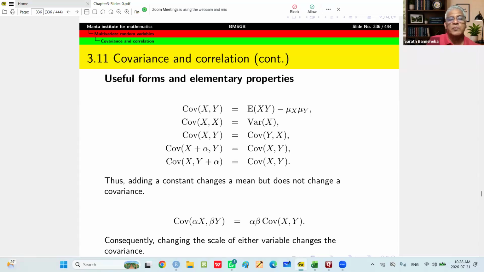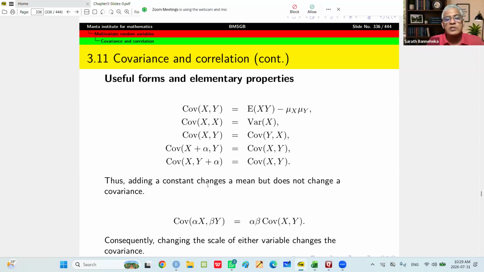Covariance between X plus some constant and Y is the same as covariance between X and Y. So adding a constant to one variable doesn't change the covariance between X and Y. Similarly, covariance of X and Y plus alpha is the same as covariance between X and Y. In general, covariance between X plus alpha and Y plus beta will be the same as covariance between X and Y.